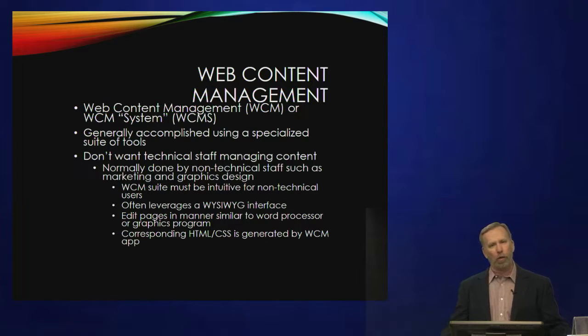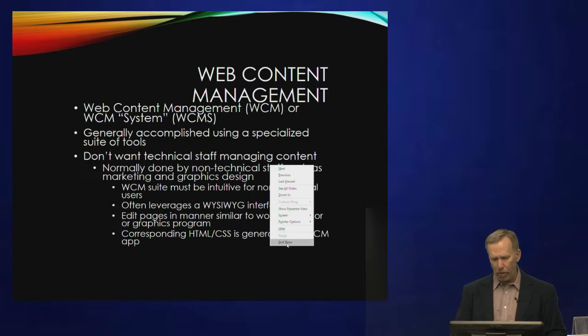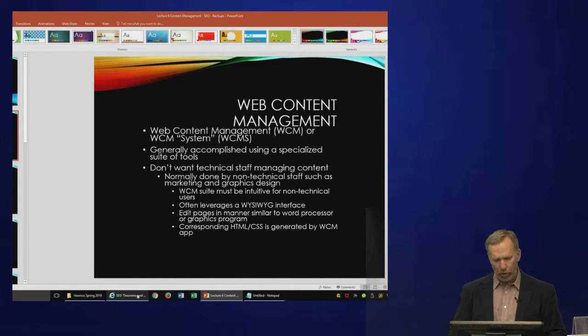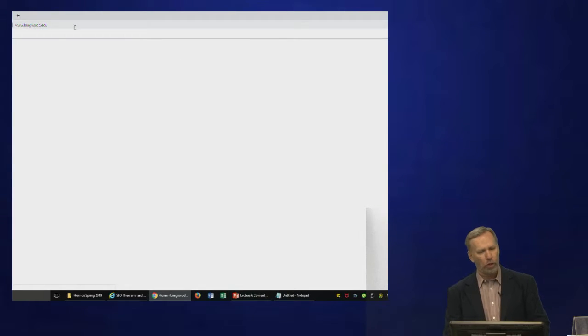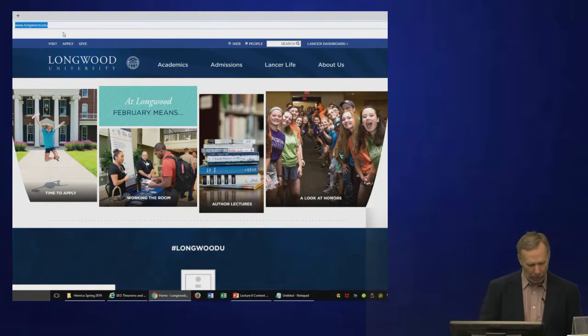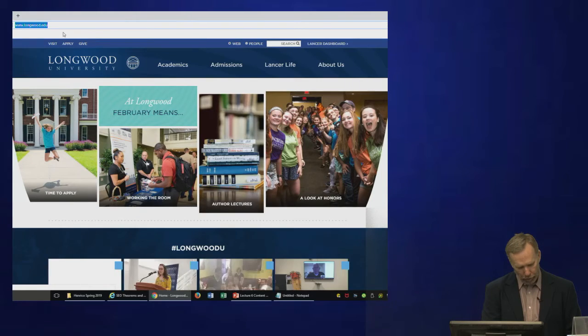I was looking at a company the other day. I can probably show you this company. Let me pull up their website. I was looking at this company in relation to a business venture.